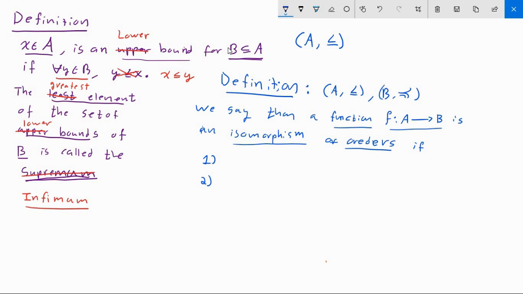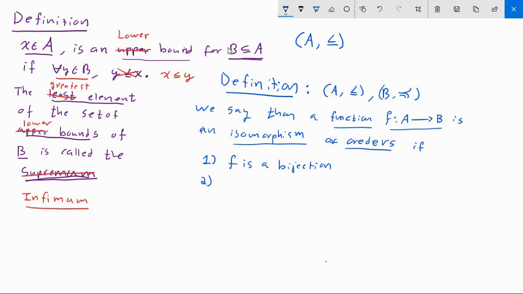And it most often means two things. One is that f is a bijection, and the second is that it preserves the structure of the objects we're looking at. Well, what's the structure here? The structure is the order itself.